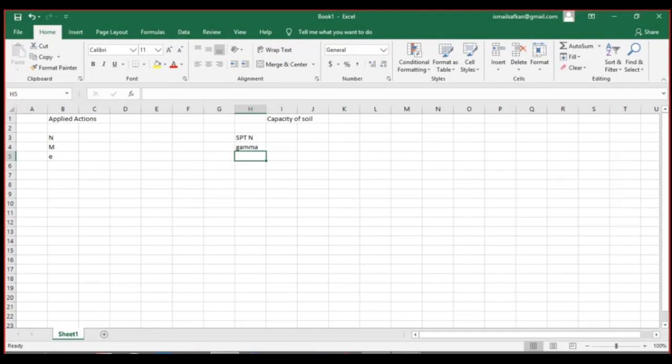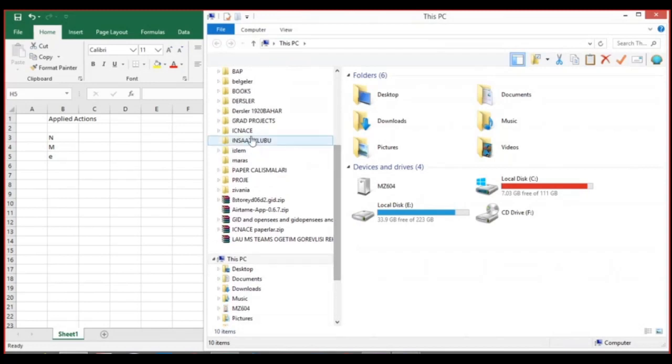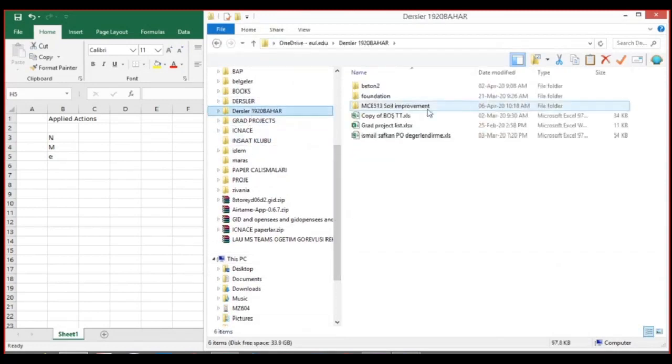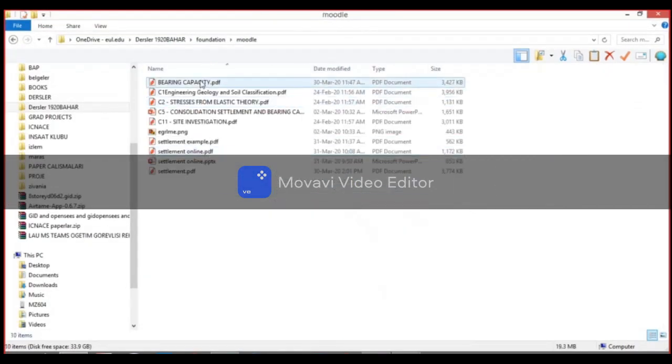And let's go back to our table for this. Bearing capacity lecture notes.